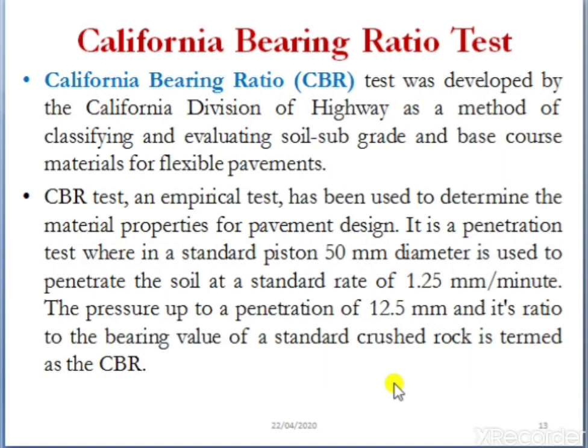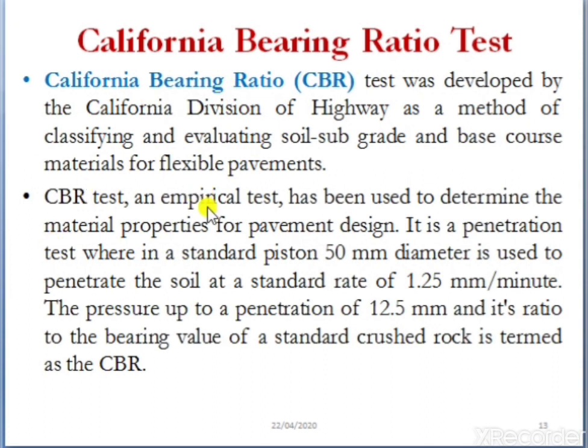The test results have been correlated with flexible pavement thickness requirements for highways and airfields. The CBR test may be conducted in the laboratory on a prepared specimen in a mold, or it can be done in situ in the field.